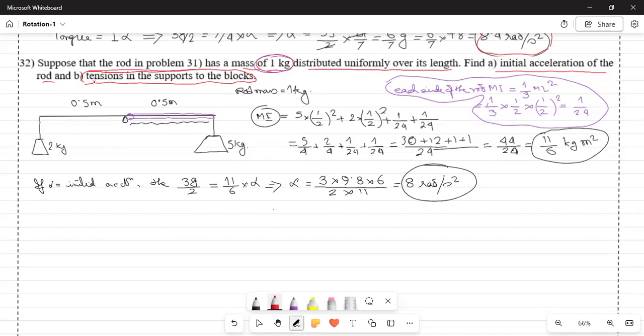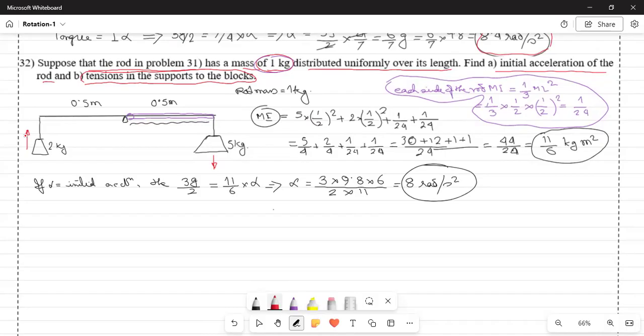Now, these two blocks, what do you find? The 5 kg block will start moving downward and the 2 kg block will start moving upward, right?